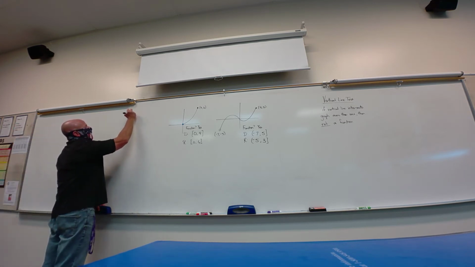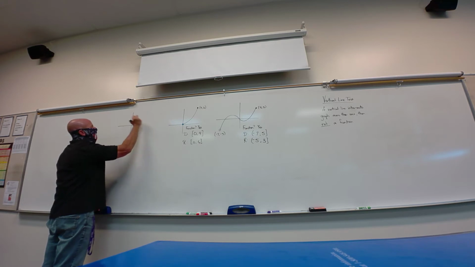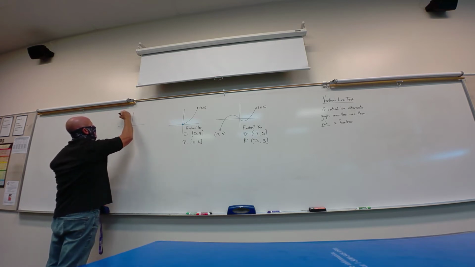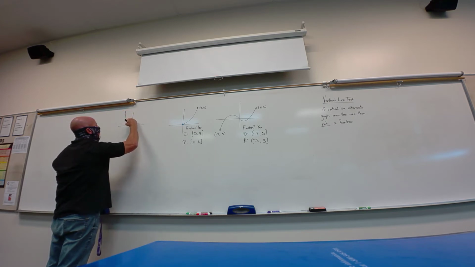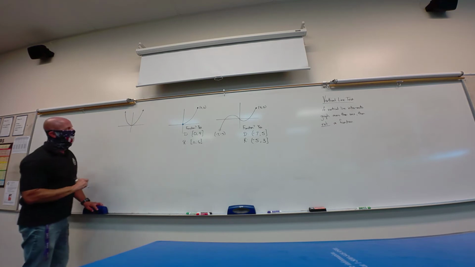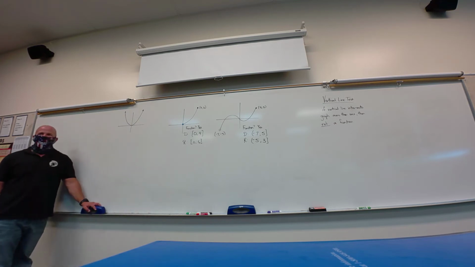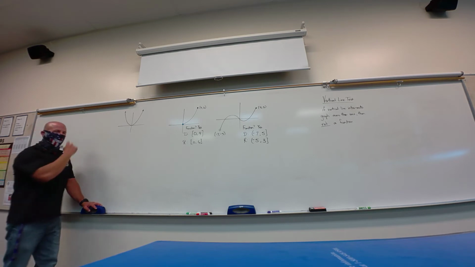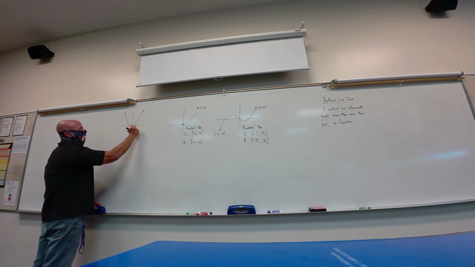So if I had something like this, that was just a basic parabola. Some generic parabola. And yeah, that's a function. Nothing wrong with that. We know it's a function. Passes that vertical line test.